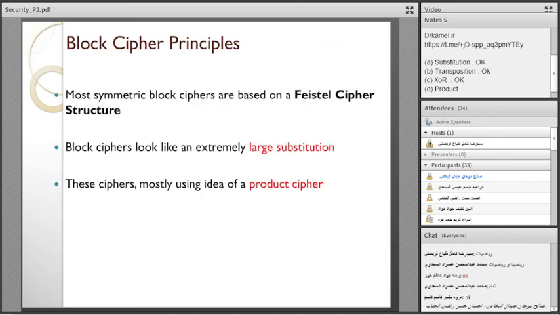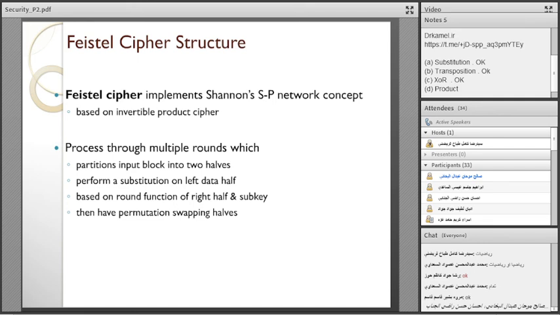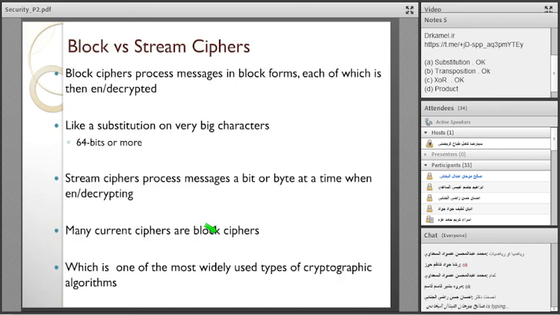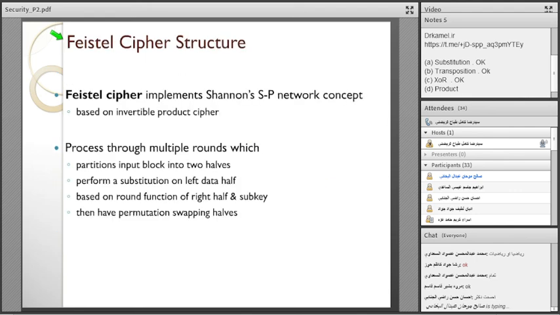And why we use this permutation, and why we use this number of rounds and number of bits, it's all riyaziyat. It should be proved by riyaziyat, or mathematics.